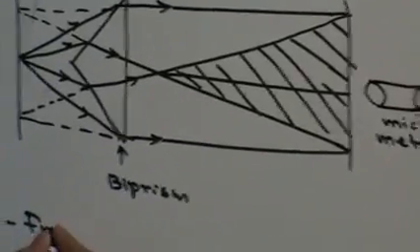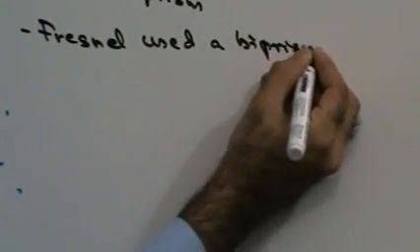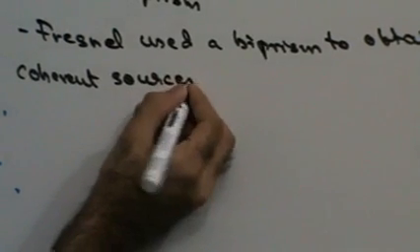Fresnel used a biprism to obtain coherent sources. Right?